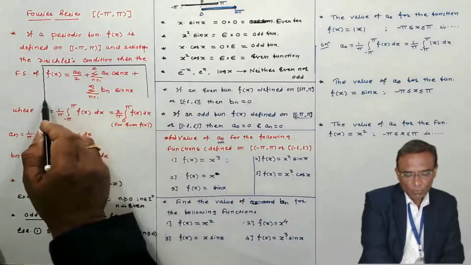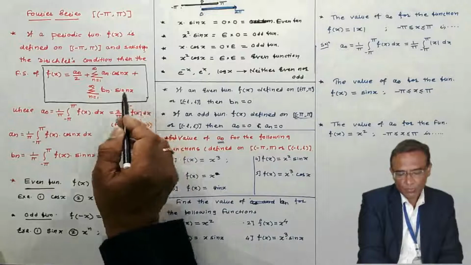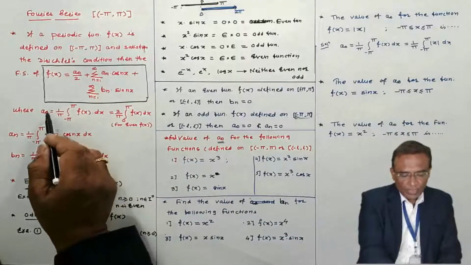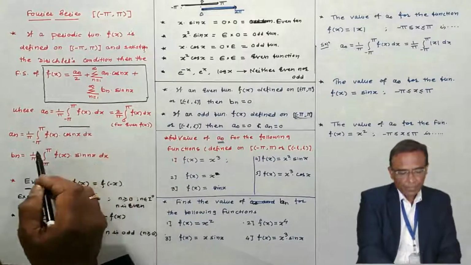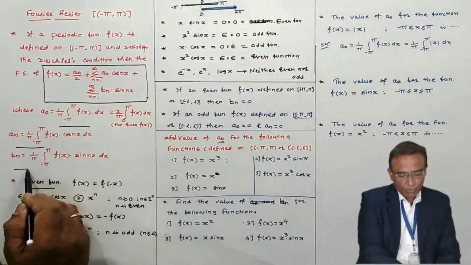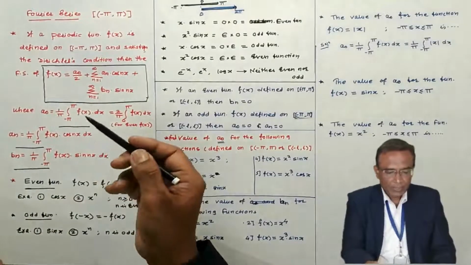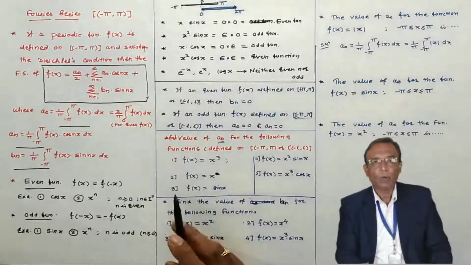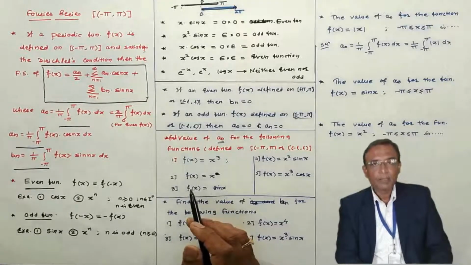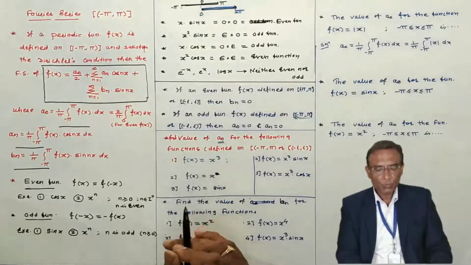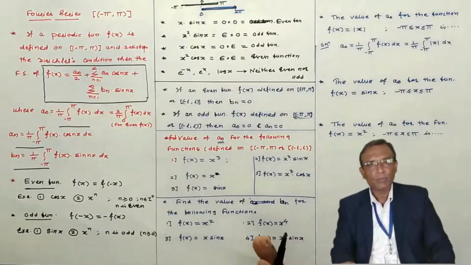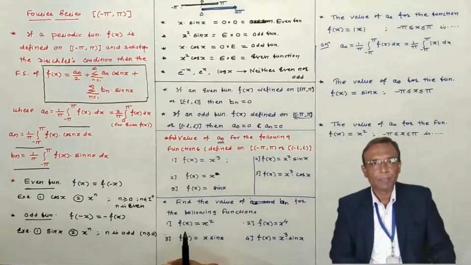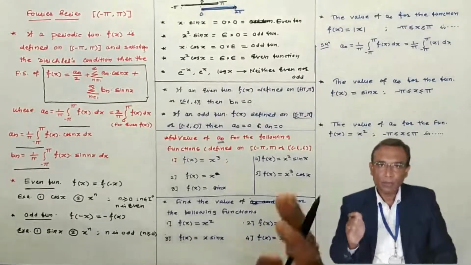Formula for A0 is this, formula for An is this, and formula for Bn is this. But here in the Fourier series on minus pi to pi, we have the facility to write directly An equal to 0 or Bn equal to 0 in case of even and odd function.